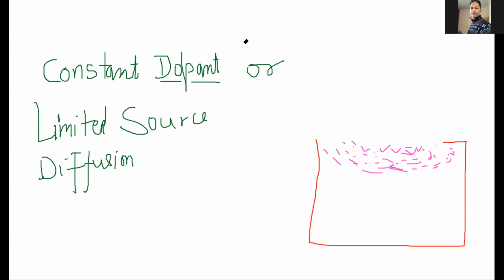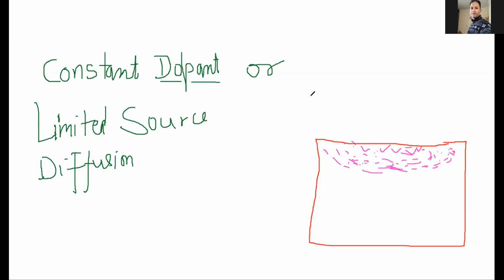When we have removed the dopant source, we are not getting any new dopants from the top surface. So whatever dopants we have available inside the substrate, only these dopants will take part in the diffusion.